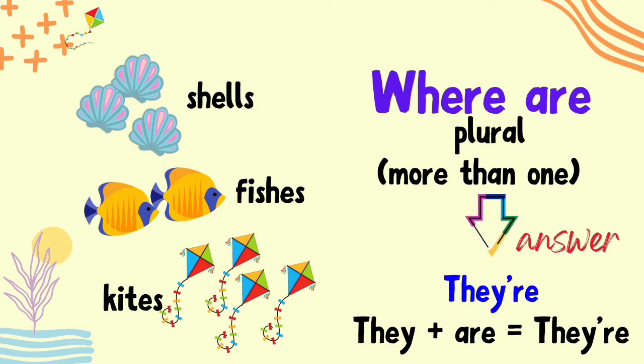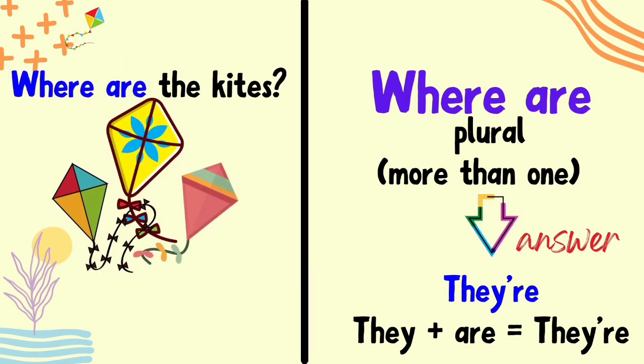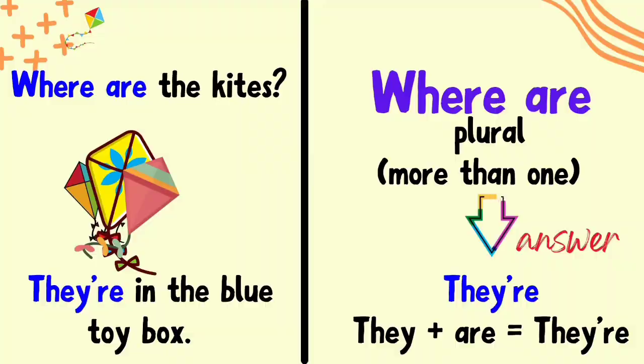Objects such as shells, fishes, and kites are plural because they are more than one. Now let me give you an example. Where are the kites? The kites are more than one. So the answer is they're in the blue toy box. So it's also in plural form.